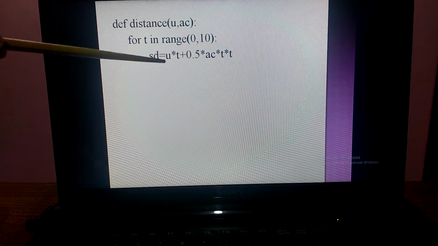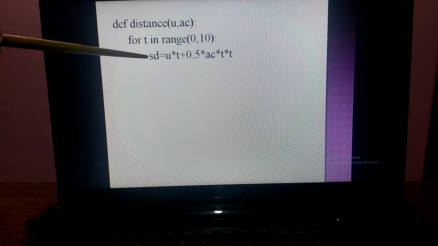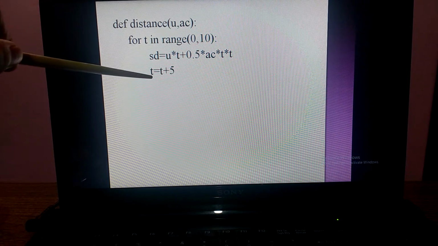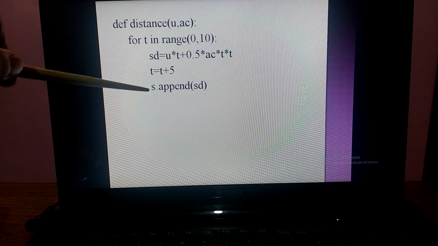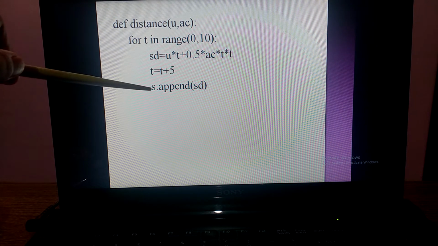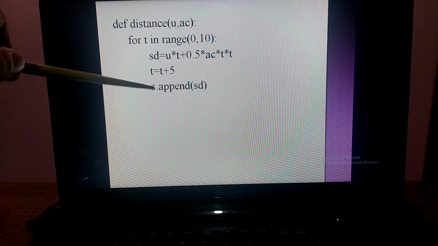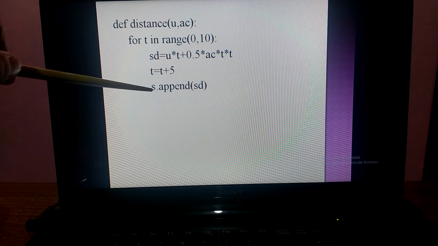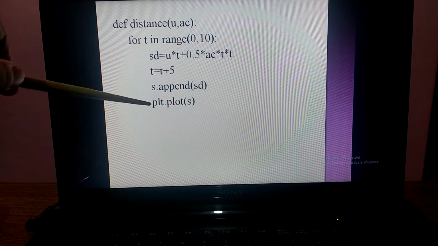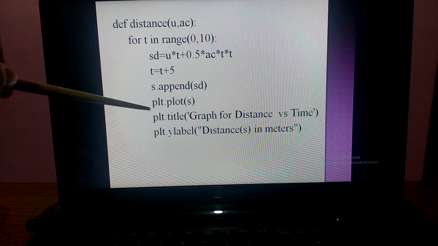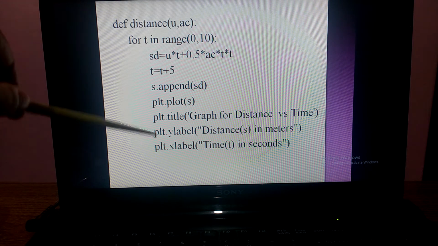I am calculating distance traveled using this formula, and again with the same interval I am appending to my list. S is my list to store distance traveled, and I am plotting my graph. Title, labels of x and y axis, and I am showing it.